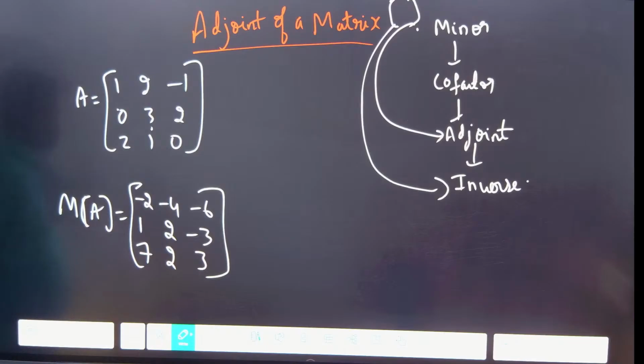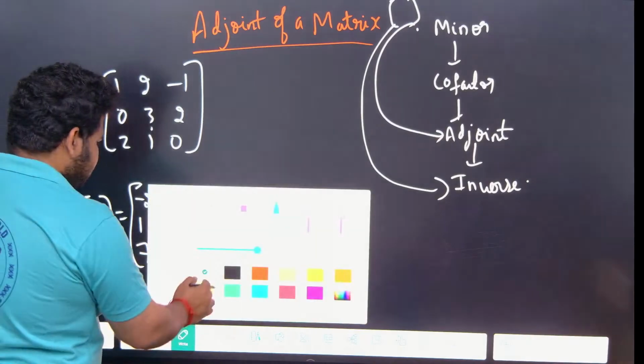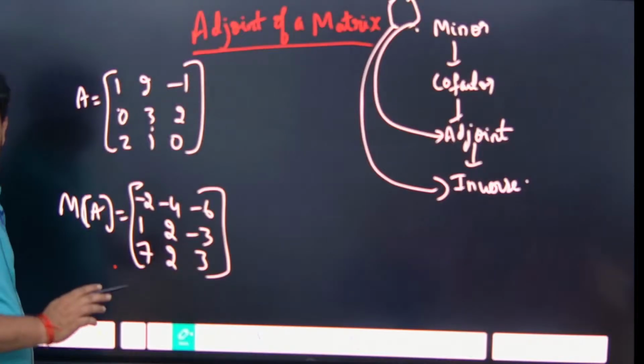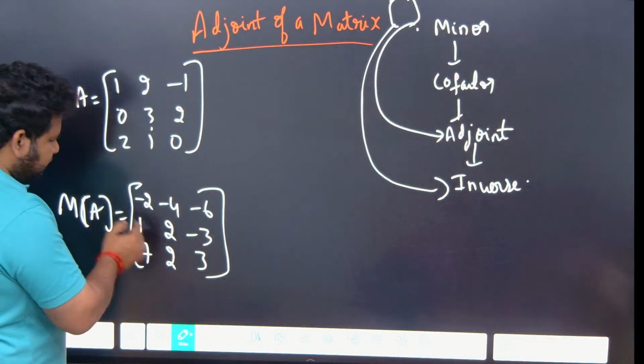Once you find the minor of A, how do you find the cofactor?